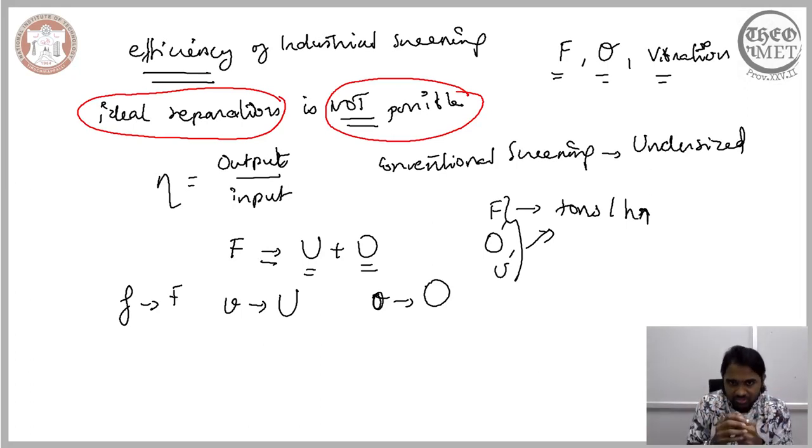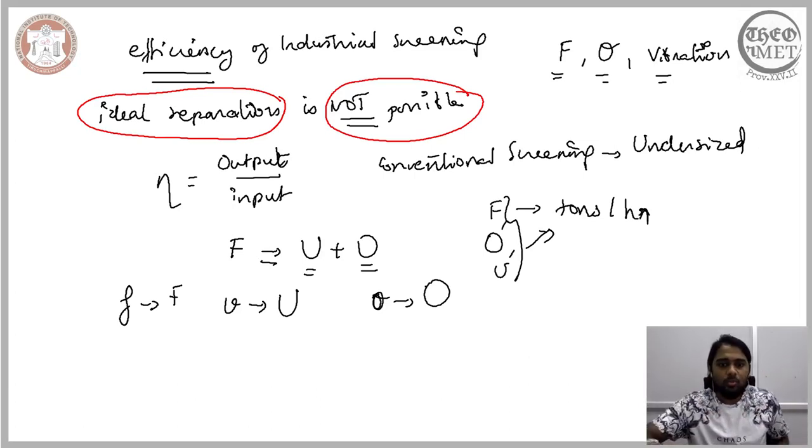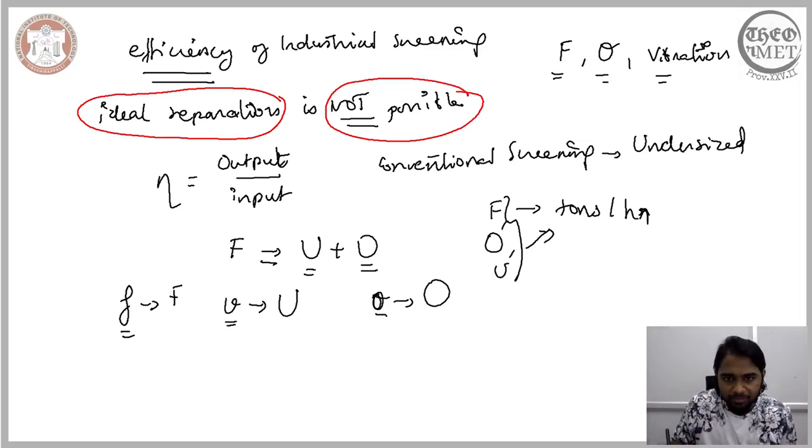However, unfortunately, given that the whole process is probabilistic in nature, some fraction of these undersized particles gets attached to the oversized particles. Fraction means, similar to percentage, the amount of the undersized particles that is present in the entire mixture. That is what we mean by fraction.